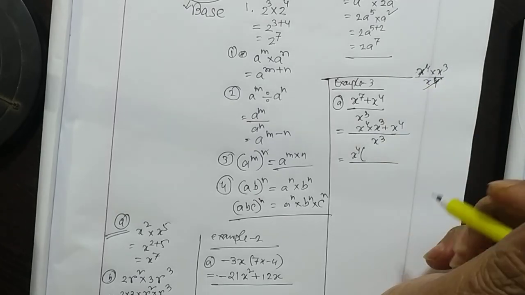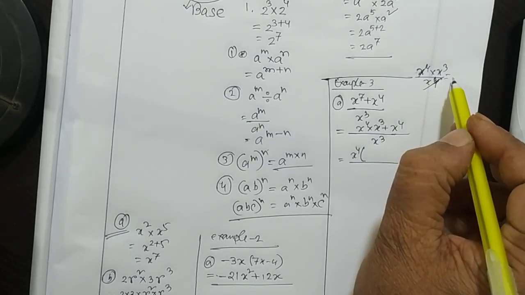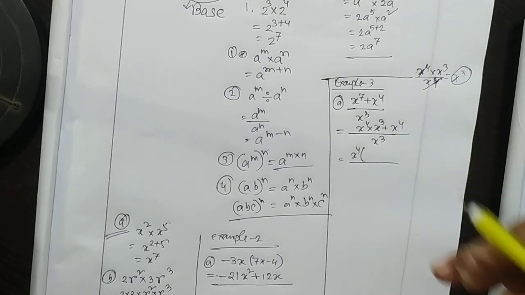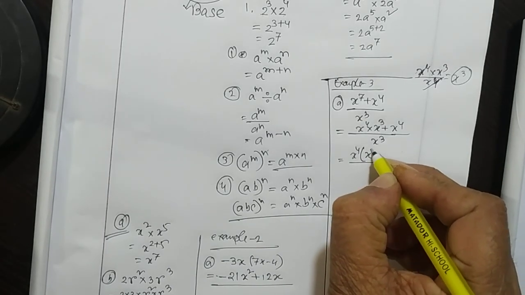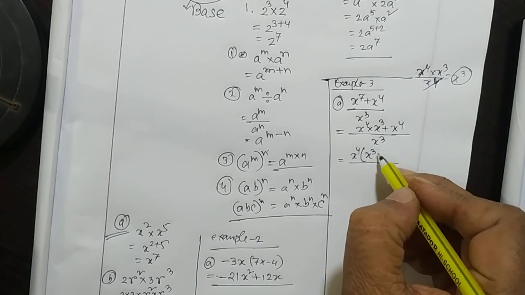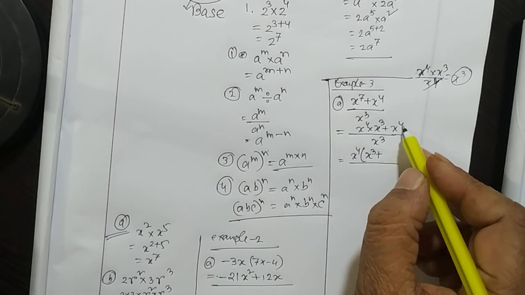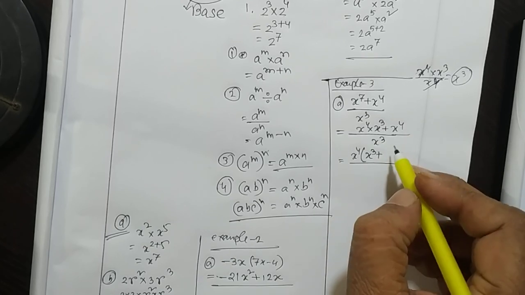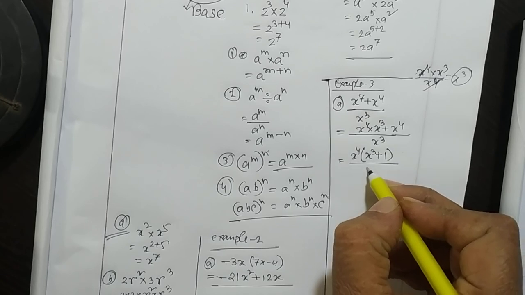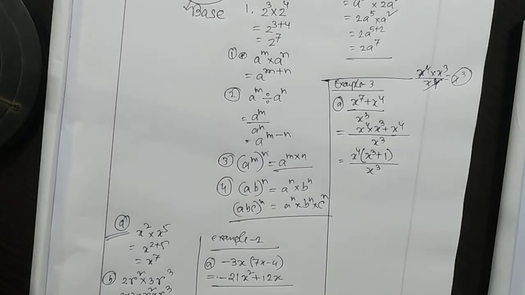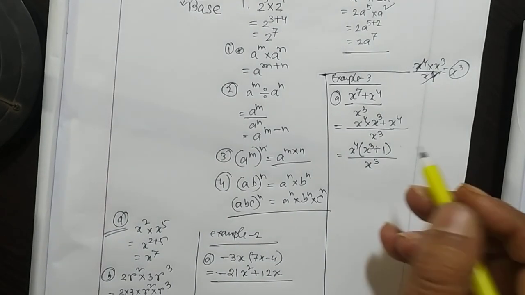Then x to the power of 4 cancels, and the quotient is x to the power of 3. Similarly, here we write x to the power of 3, then this plus sign, x to the power of 4 divided by x to the power of 4, that is 1. And in the denominator, previously we have x to the power of 3.